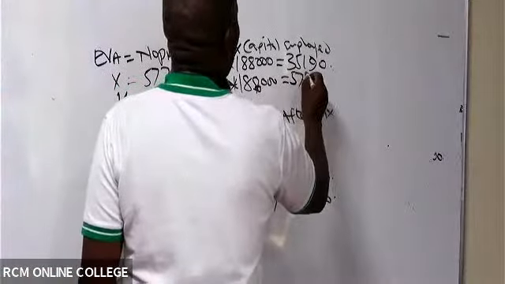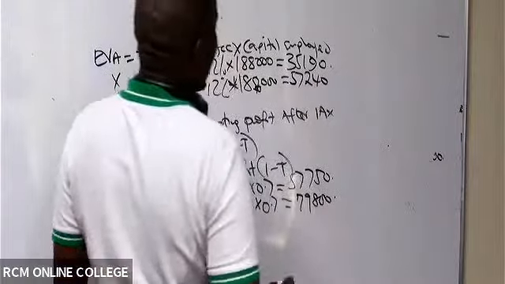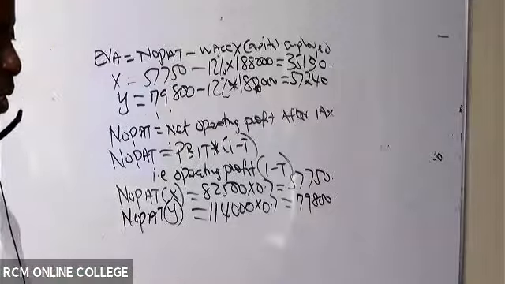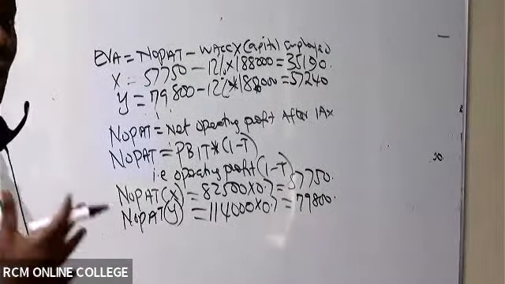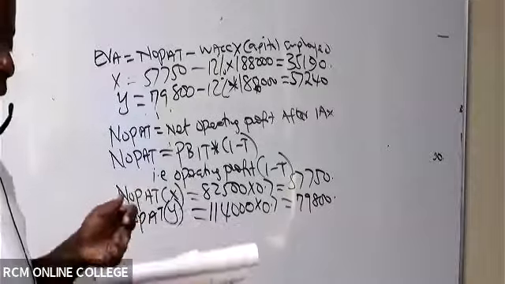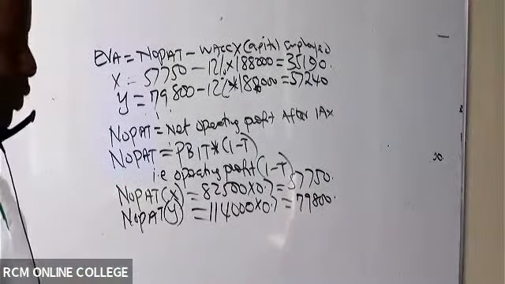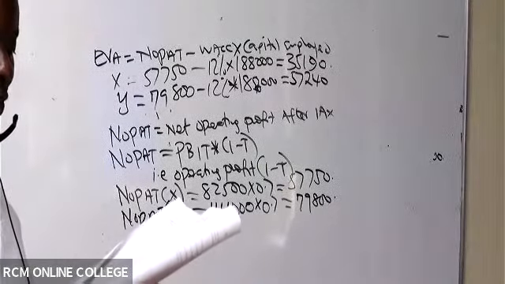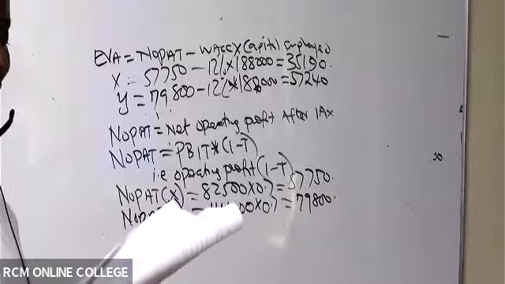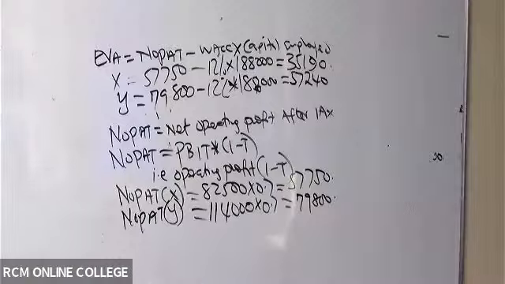So again, in terms of value addition, in terms of EVA, Y is really doing very well. And both divisions have been able to meet their targeted EVA.